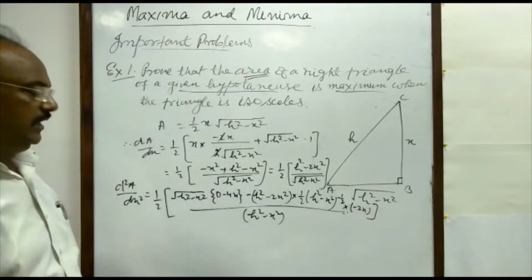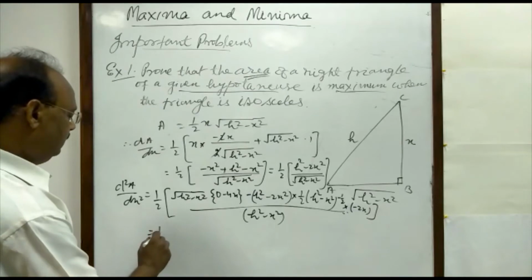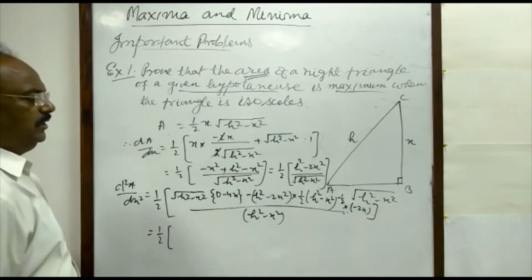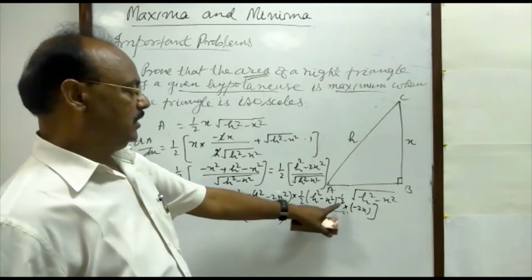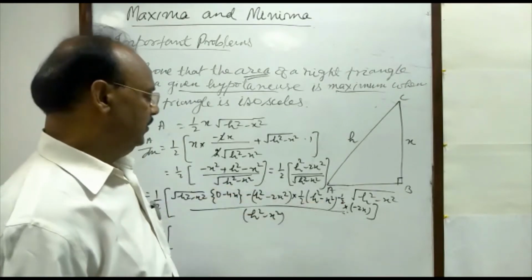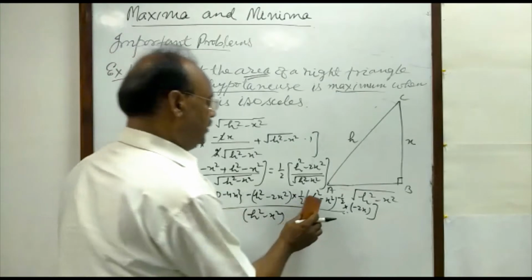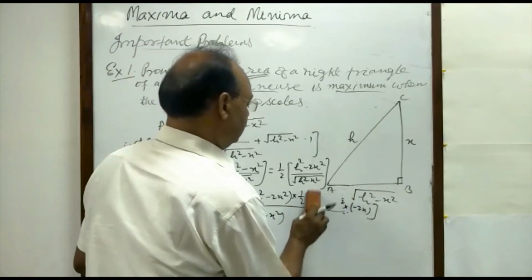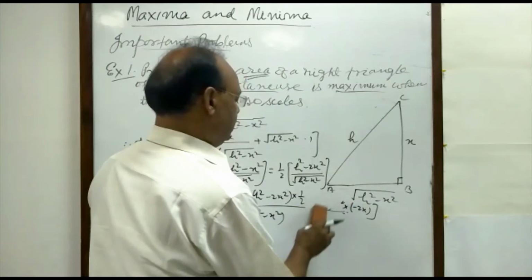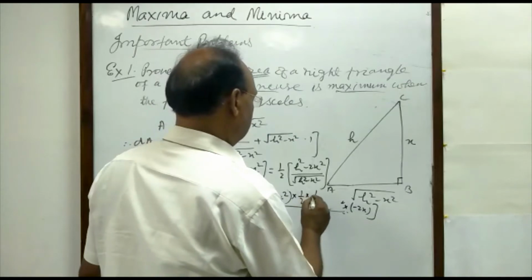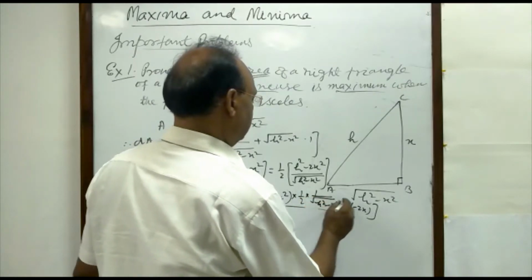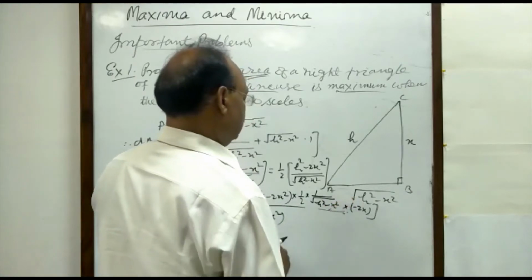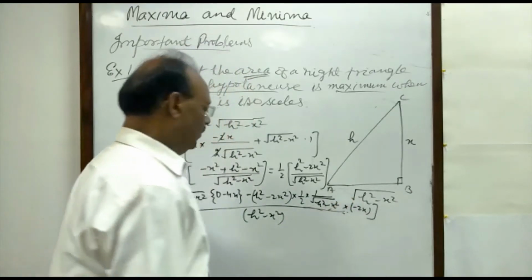Now let us simplify it. For the sake of simplicity we can write h square minus x square to the power minus half into 1 by root over h square minus x square.